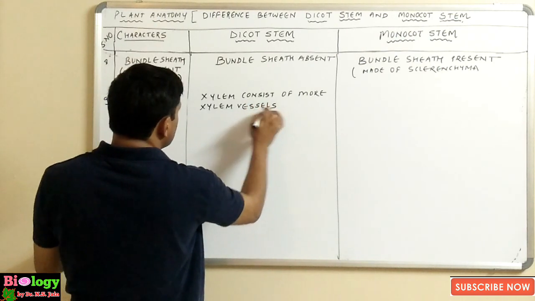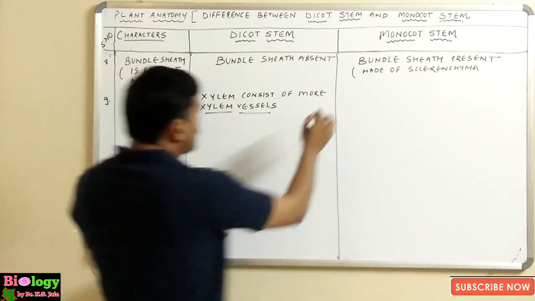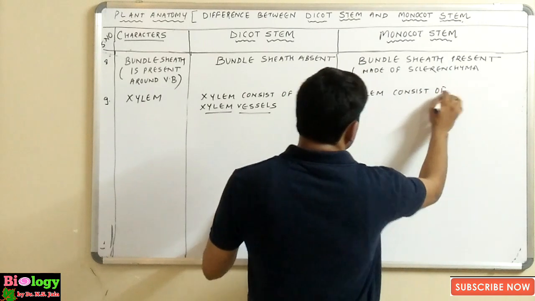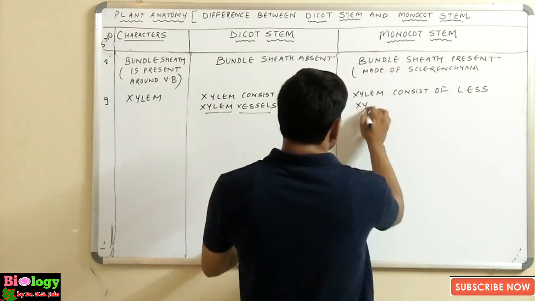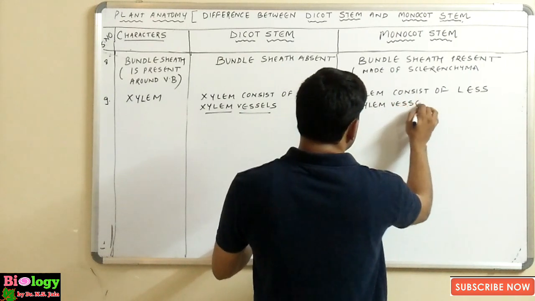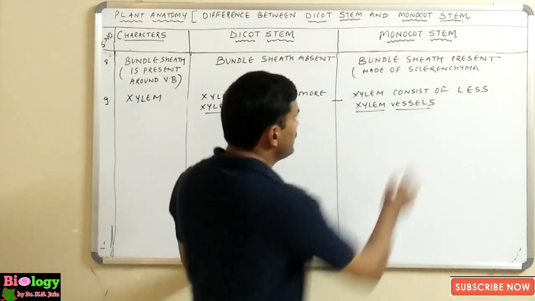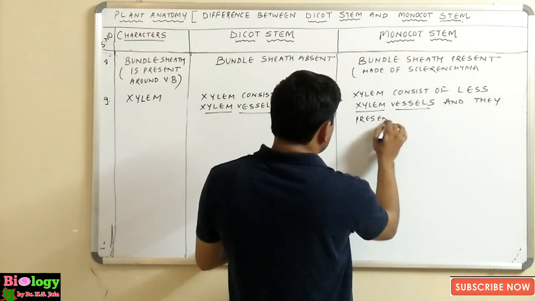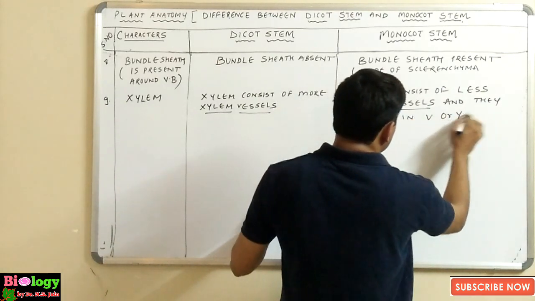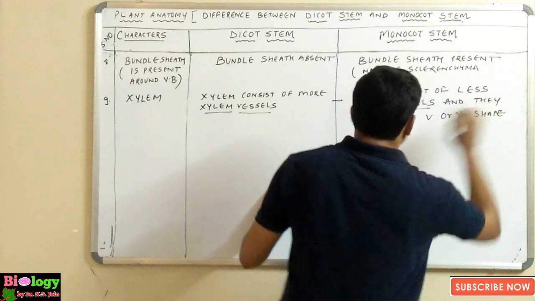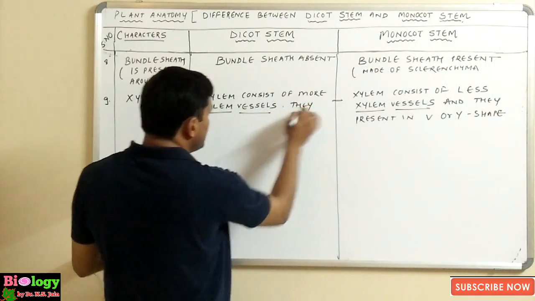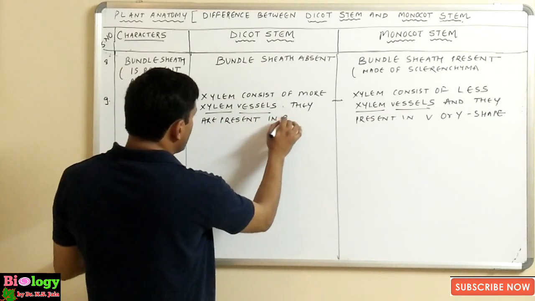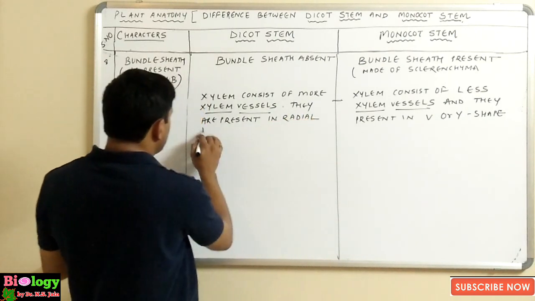Xylem consists of more xylem vessels. Here xylem consists of less xylem vessels. They are present in V or Y shape, while here they are present in radial fashion.